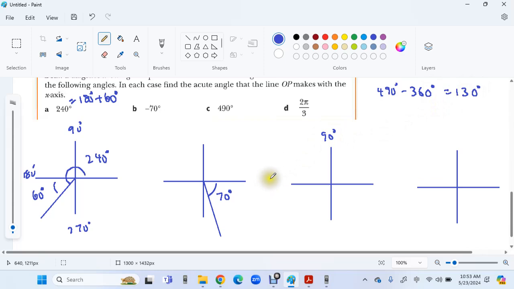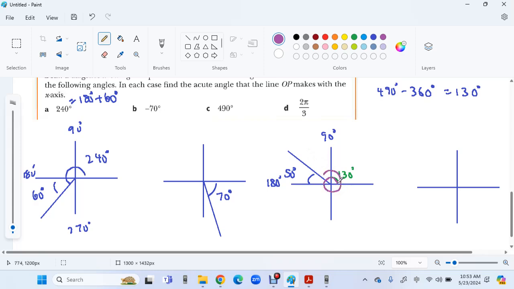So this is 90, this is 180. So 130 is here. Then over here we have 50 degree. Then only here will be 130.